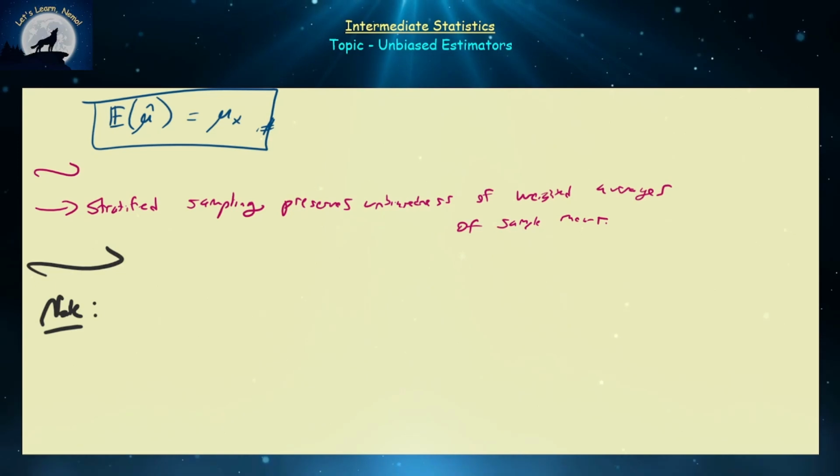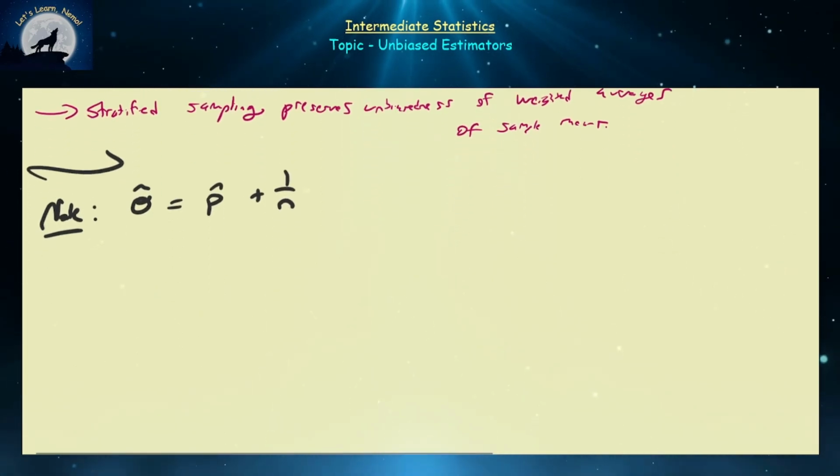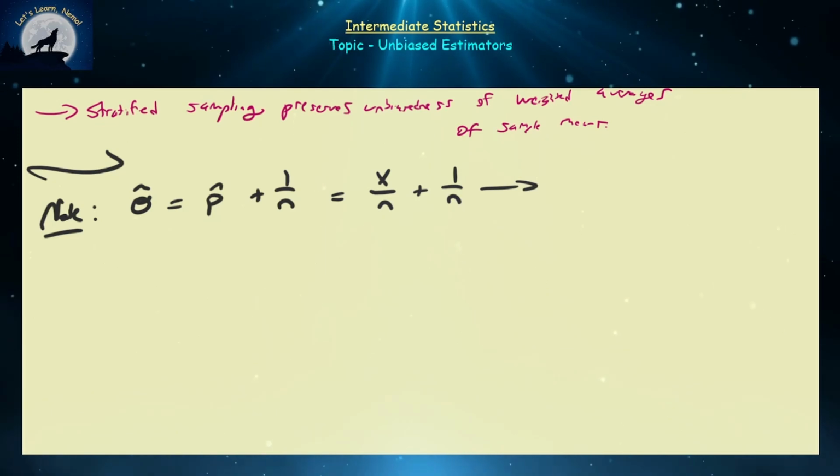For example, in the binomial example we did earlier, we have theta hat equal to p hat, and we know that p hat is an unbiased estimator for p. But what if we add 1 over n to that? What we have here in disguise is capital X over n plus 1 over n. Does this turn into an unbiased estimator for p?